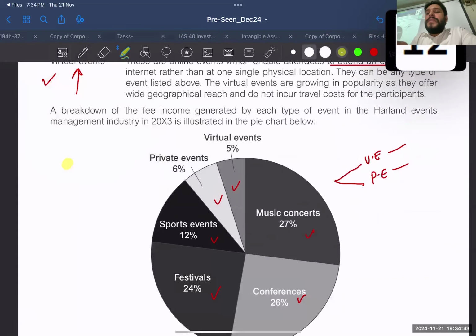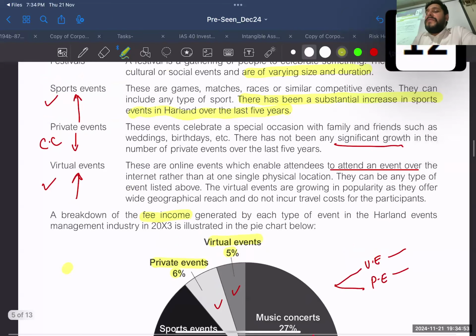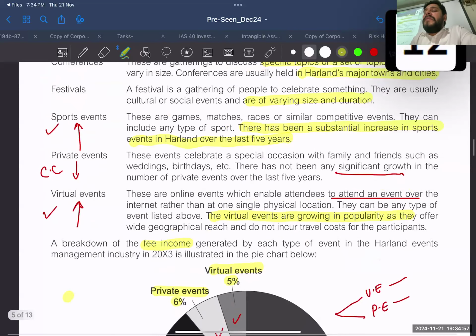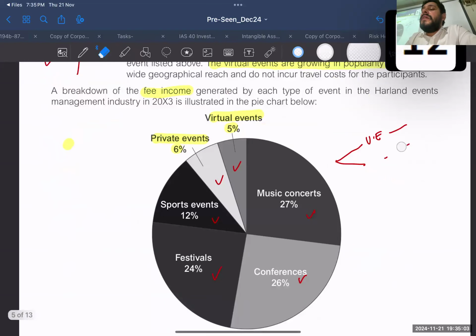It says the breakdown of the fee income. So the fee income from the virtual events and private events is only 6% and 5%. However, we have seen over here that virtual events are growing in popularity, and sports events are also growing in popularity. Sports events.